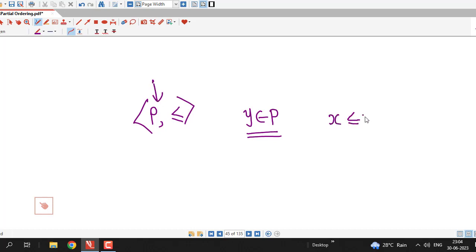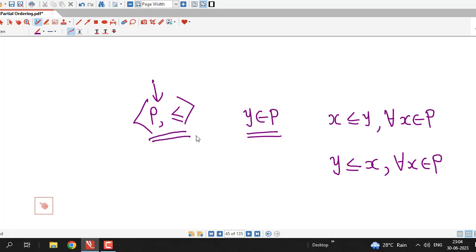We end this session by again revising these two definitions. Suppose I have a partially ordered set P, then an element y belongs to P is called the greatest element of set P if x is related to y for every x in set P, and y is called the least element if y is related to x for every x belongs to P, where P is a given partially ordered set.